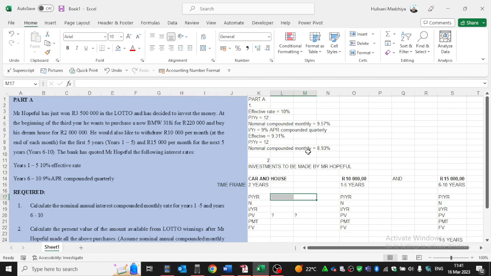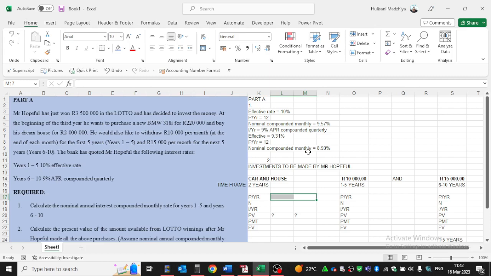If I was to summarize it, I will summarize it in the following way. He won 3.5 million. That's the amount that he received from the lotto, and he has decided to invest all the money. At the beginning of the third year, he wants to purchase two things, a car and a house, which both combined are worth 2,220,000.